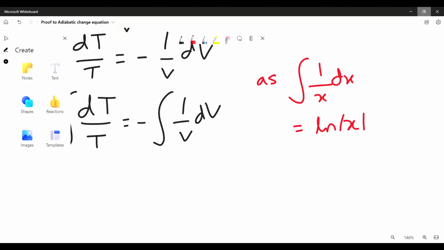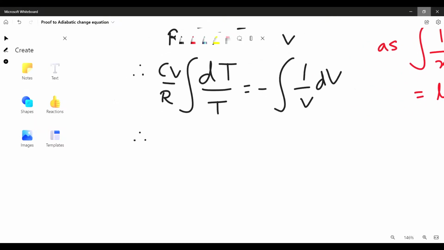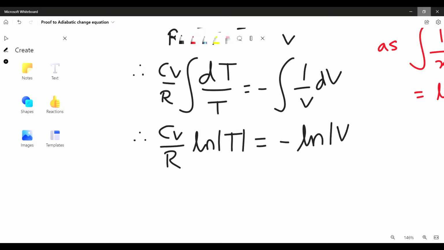We'll actually use the constant, but this will just provide a simplification we can do later. So we can just do C_V over R ln of T is equal to minus ln of V plus c.